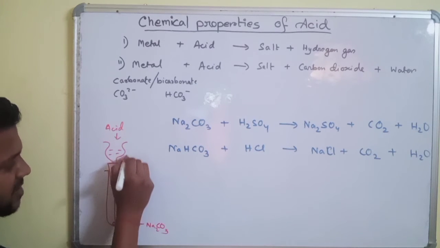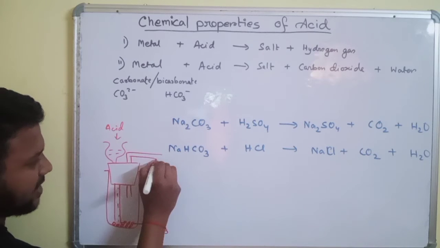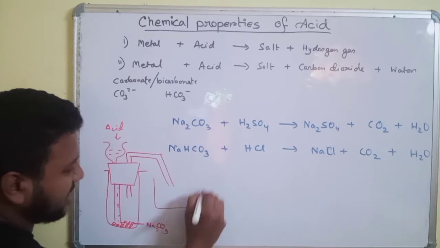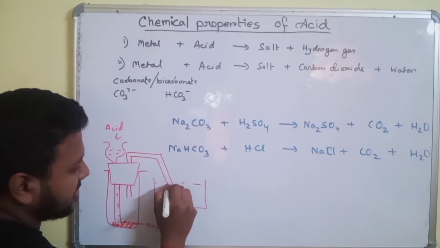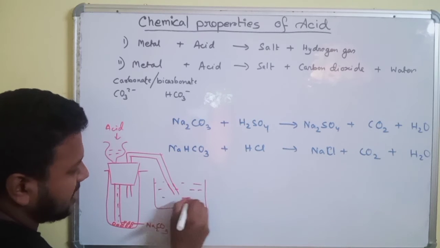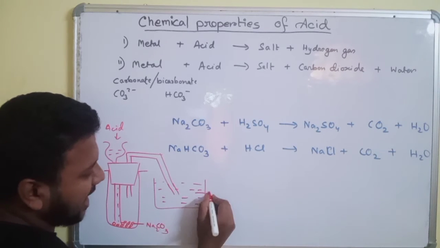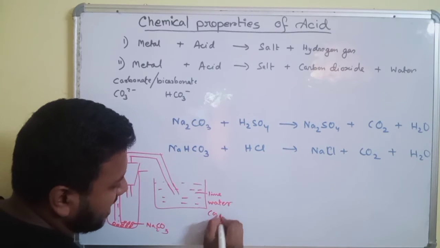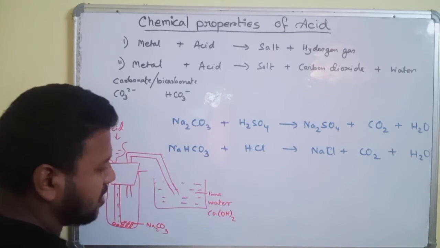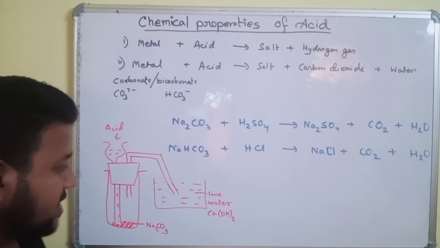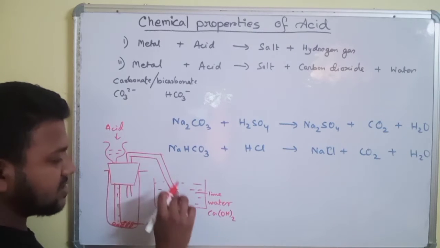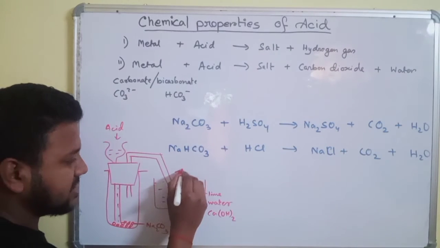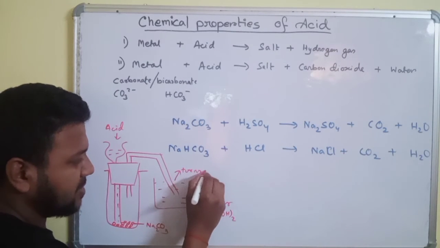The gas that will be evolved is delivered into a container containing lime water. So lime water has the formula Ca(OH)2. This lime water, when carbon dioxide is passed, turns milky.